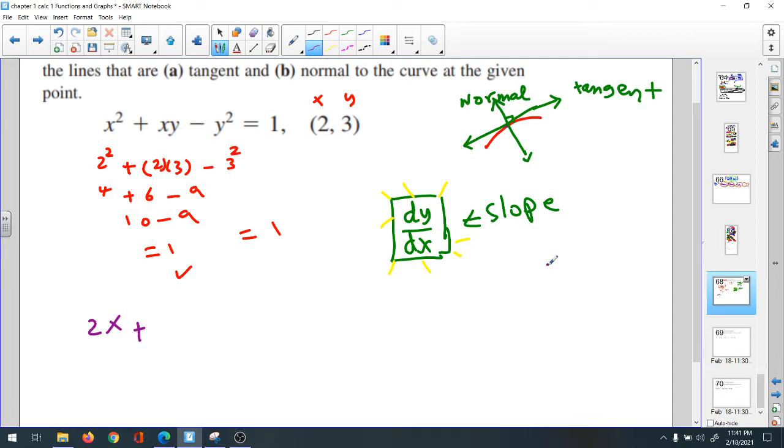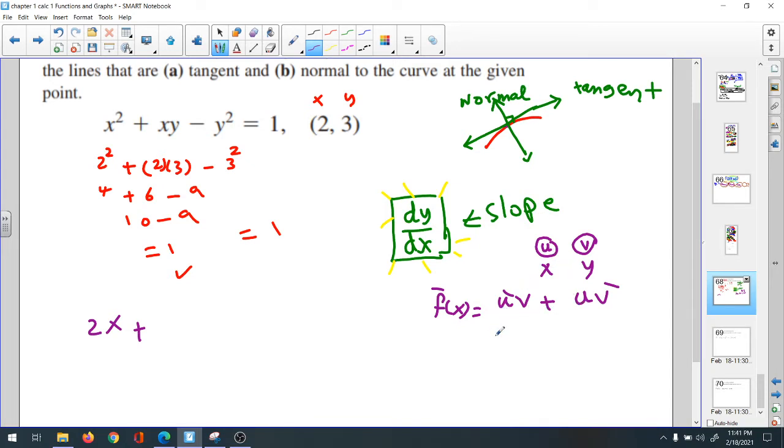Plus, we need to find the derivative of xy. It's the product formula. If this is u and this is v, we apply the product rule, which is u dash v plus u v dash.